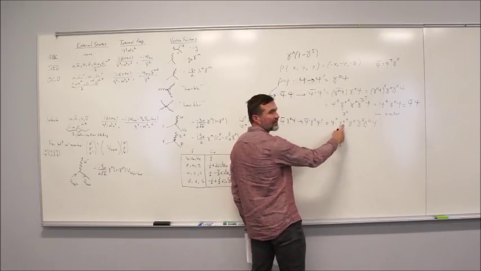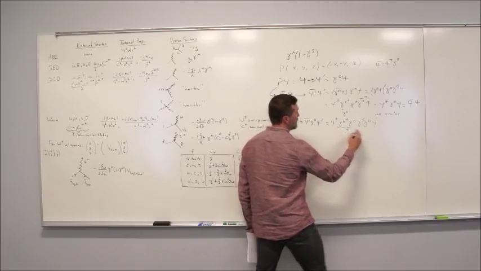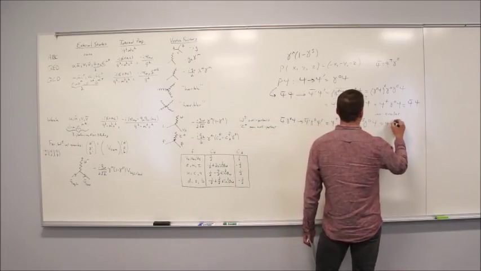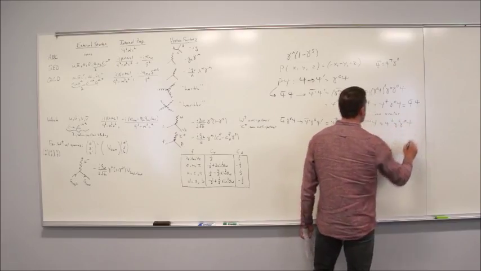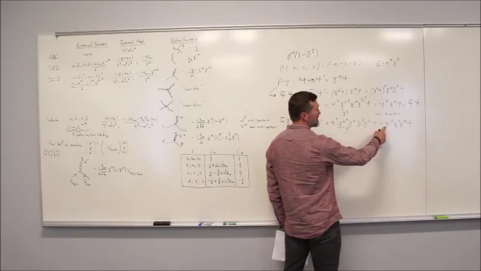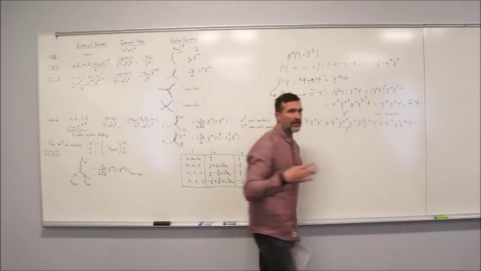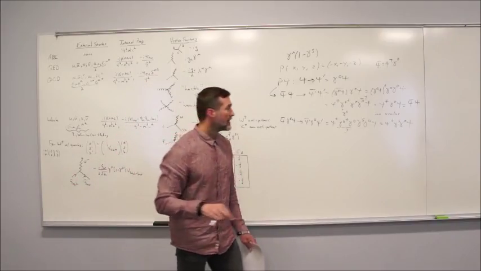But remember, gamma 0 dagger is just gamma 0, and gamma 0 times gamma 0 is the identity. So this is psi dagger gamma 5 gamma 0 psi. Then I would like to take the gamma 0 and combine it with the psi dagger to make psi bar something, but I got to get that gamma 0 past gamma 5.